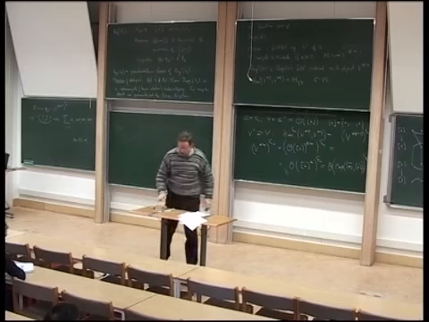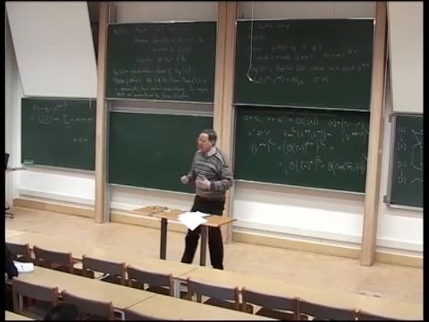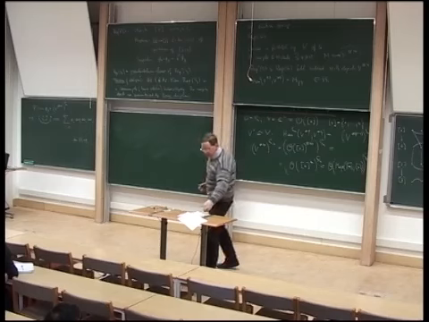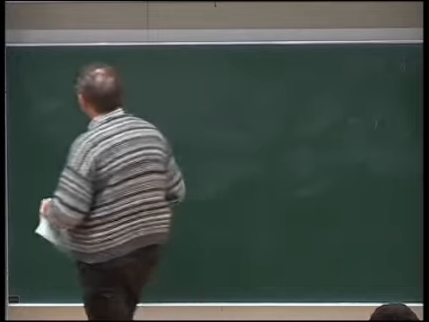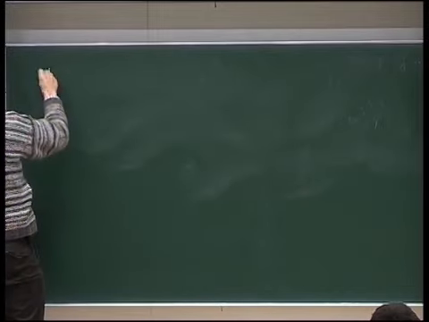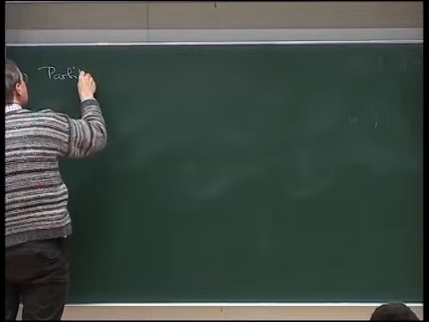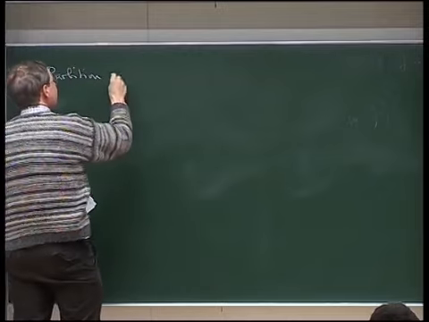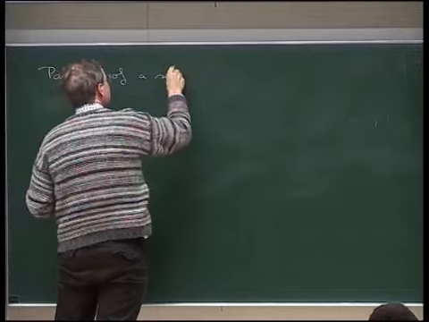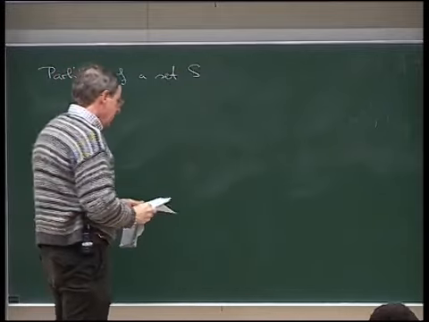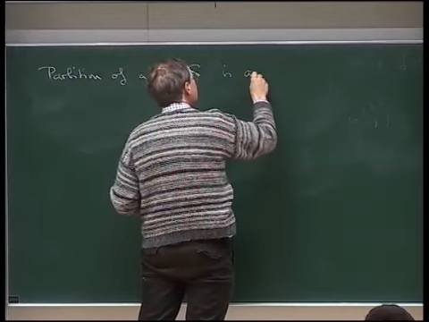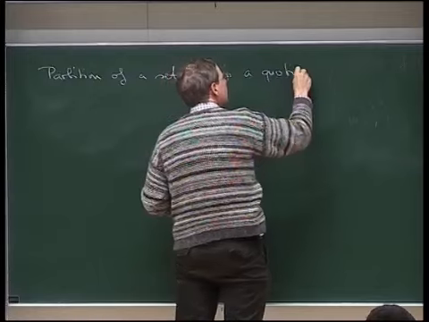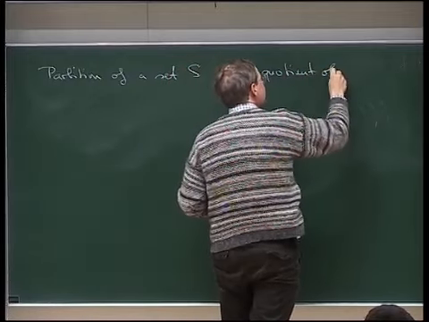We now rephrase everything in a category theoretic language. Well, in this case, a partition of a set S is nothing else than a quotient, or to be more precise, a quotient object.